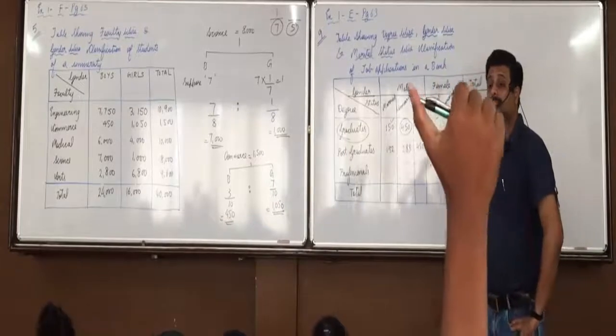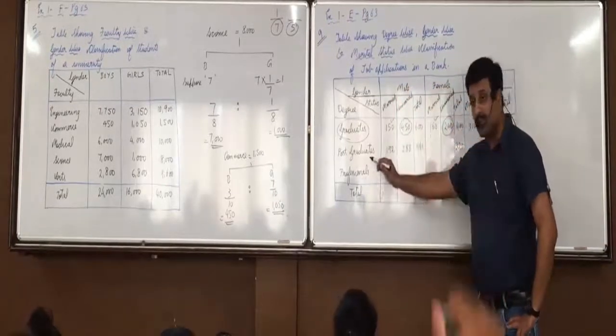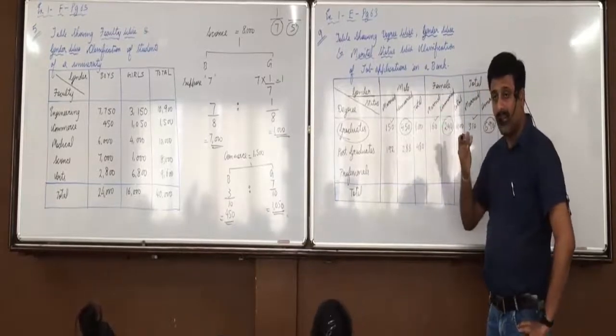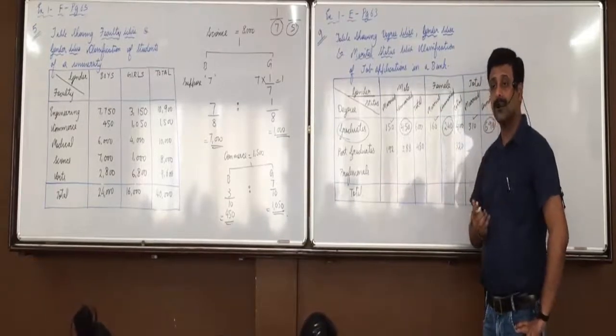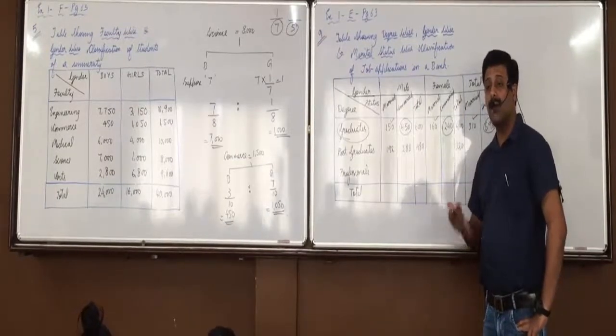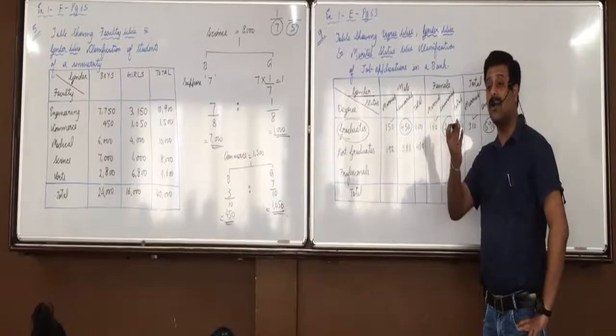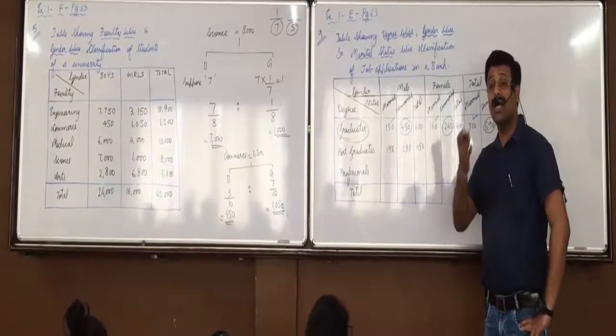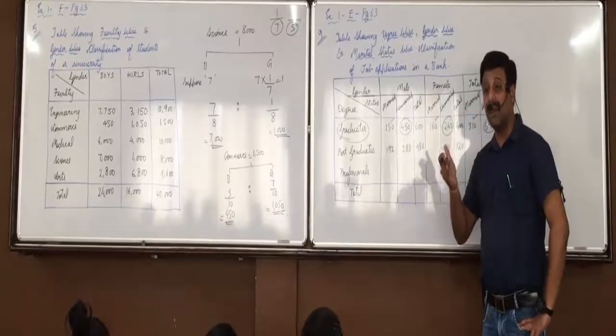Rima, see here. This is postgraduate. This is females. What is the number of postgraduate females? 320. Then why are you doing 800? Among the postgraduate females, 50% are married.